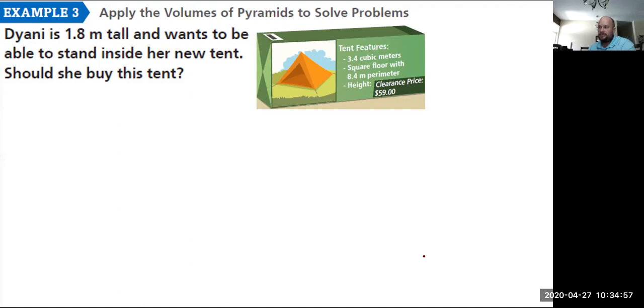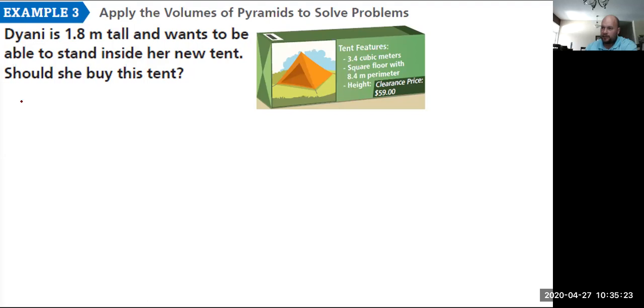So it wants to know, could Diane stand in this tent? It tells us how tall she is, which is 1.8. So we first have to figure out how tall the tent is. What is the height of the tent?